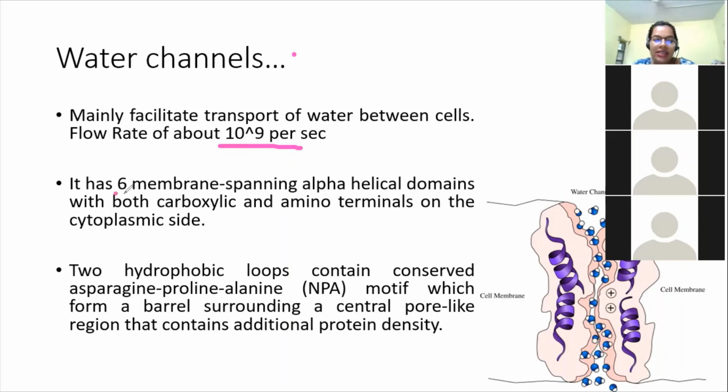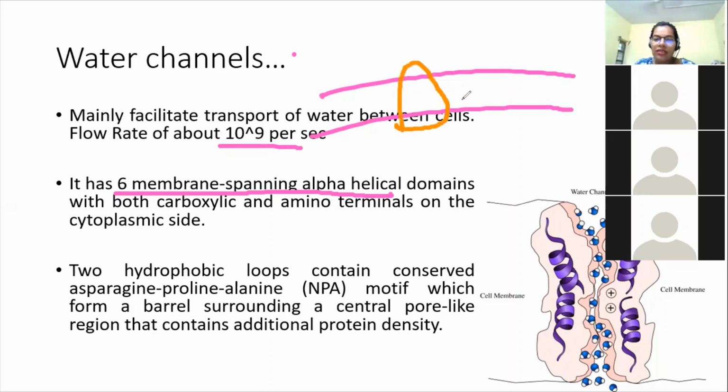Now, it has got 6 membrane-spanning alpha helices. Please remember. And the speciality of aquaporins is that in a plasma membrane, if I make the helical structure, the N terminal and the C terminal of this polypeptide chain are on the same side.